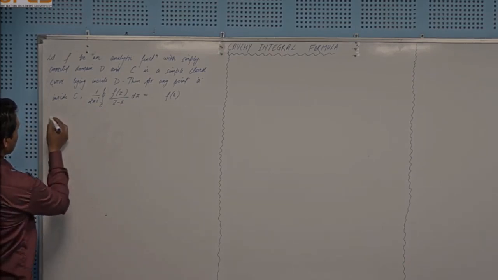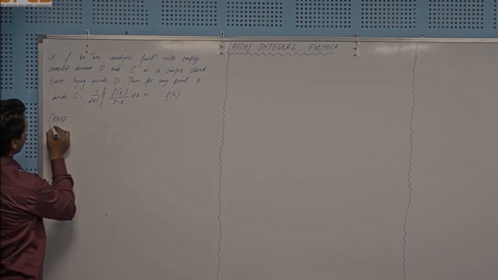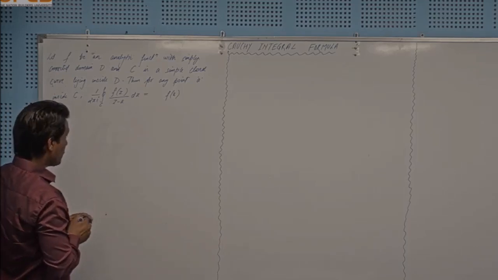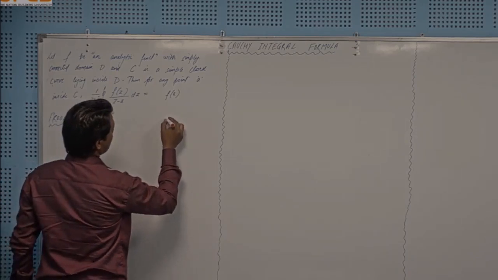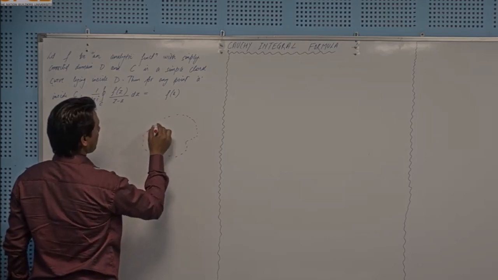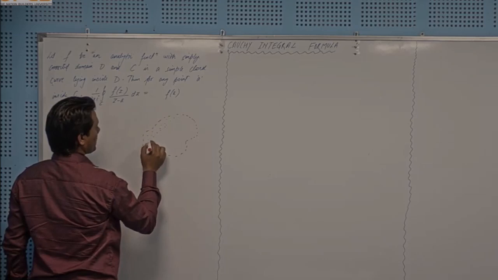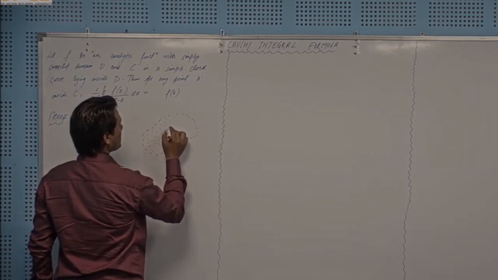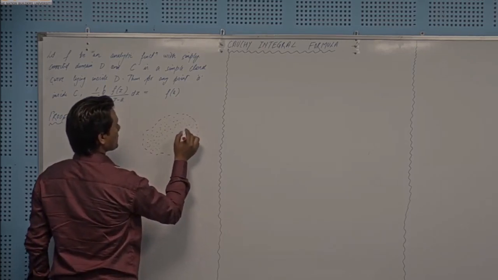I will draw the picture first. So you first have the domain D, right? And you will see that a domain is always an open connected set. It is a boundaryless set.